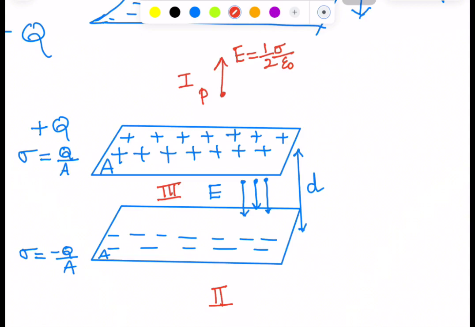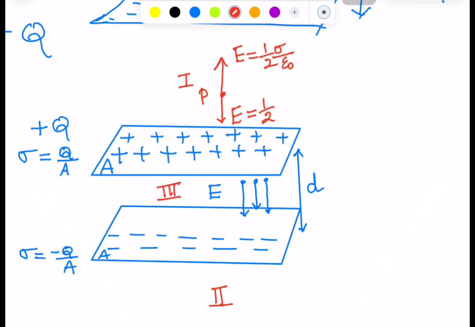Similarly, the electric field at the point P due to the negatively charged plate will be equal in magnitude and opposite in direction. Both magnitudes are the same because the two plates are equally charged, one plus q, another minus q.